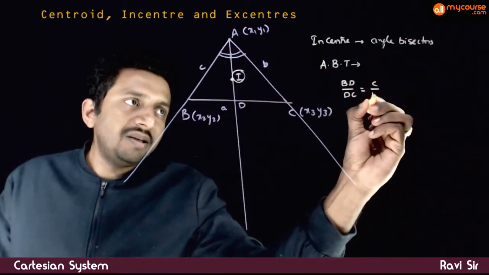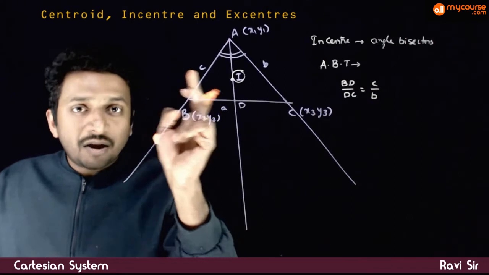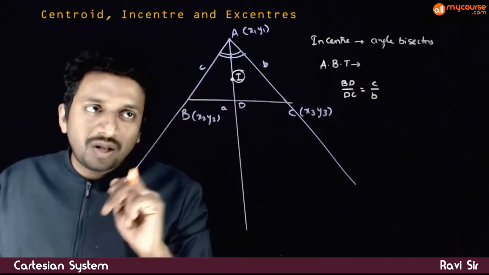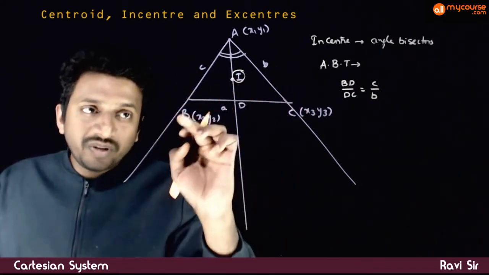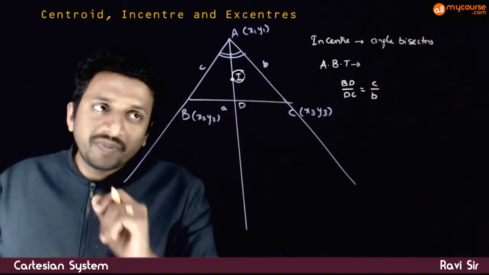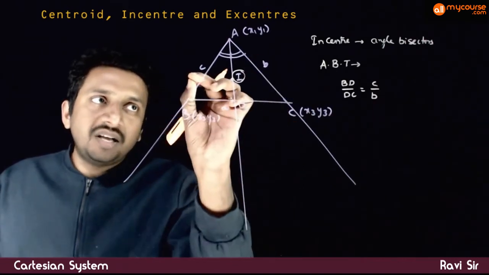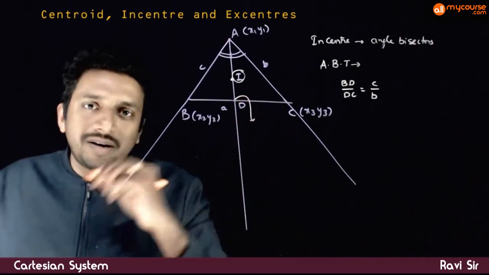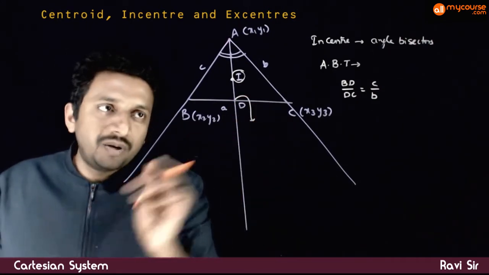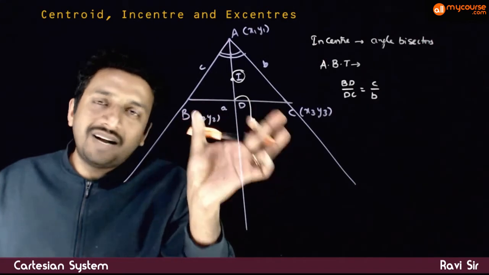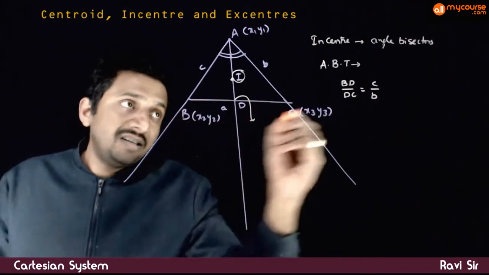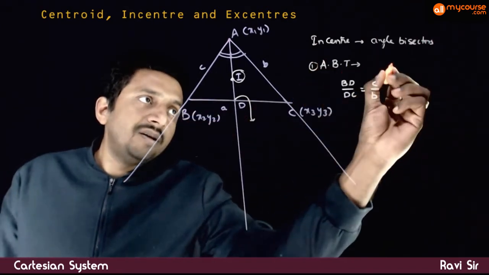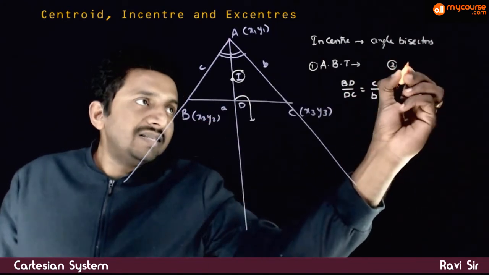It is c by b. The side opposite to vertex C is called small c. The side opposite to vertex capital B is called small b. So BD is to DC is equal to c is to b. So from this ratio we can get the coordinates of D, because we know the ratio in which D divides BC.